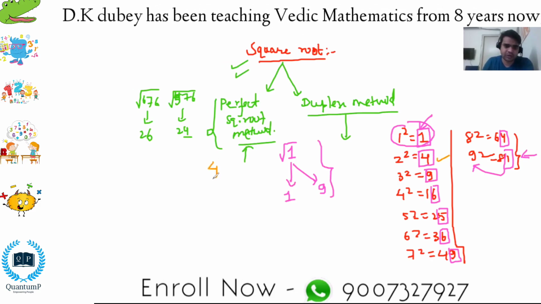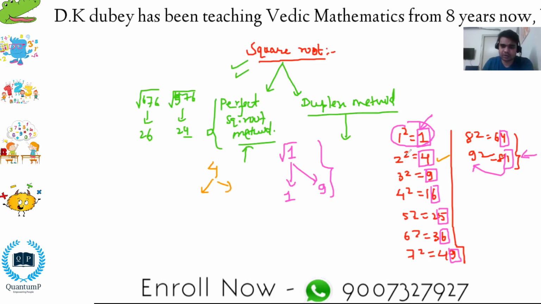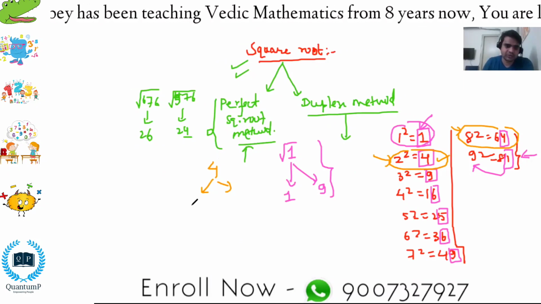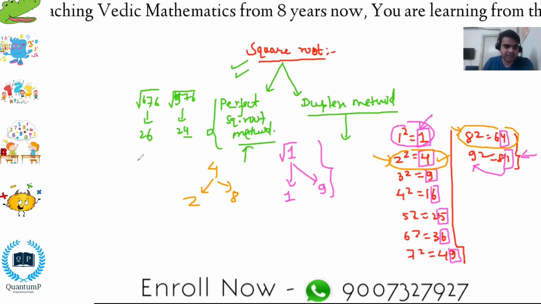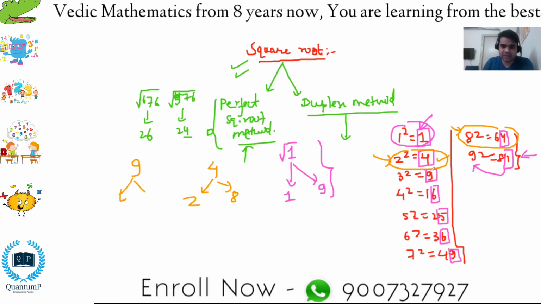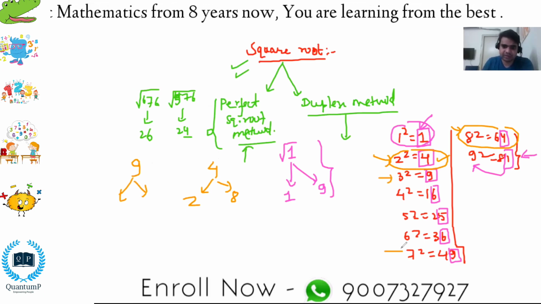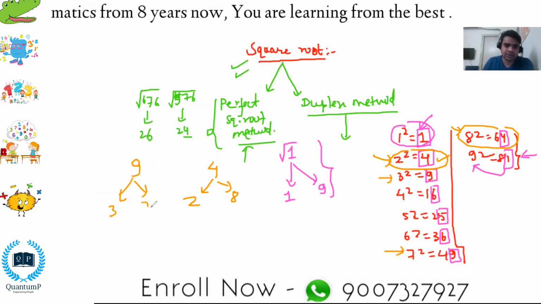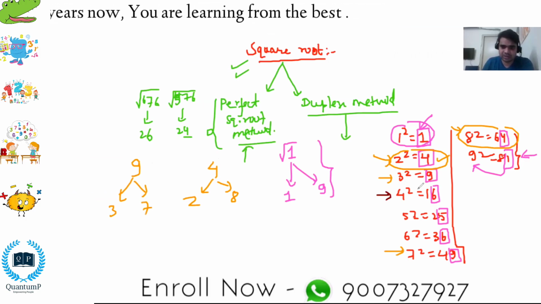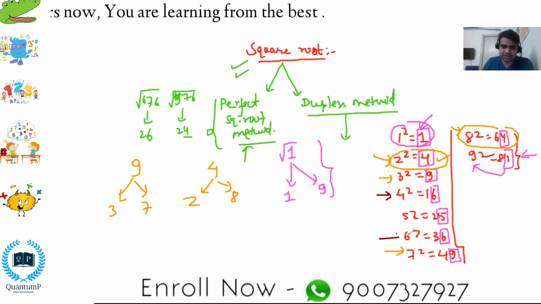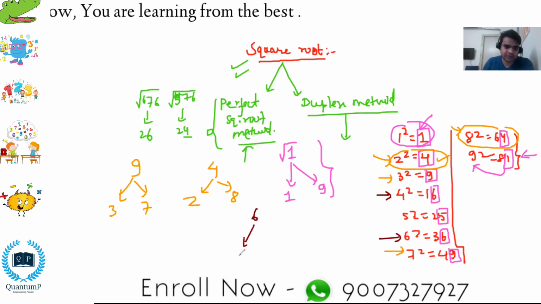If it is 4, again there are two options: 2 and 8, since 4 and 64 are there. In a similar way, for 9 the options are 3 and 7. For 6, the options are 4 and 6.